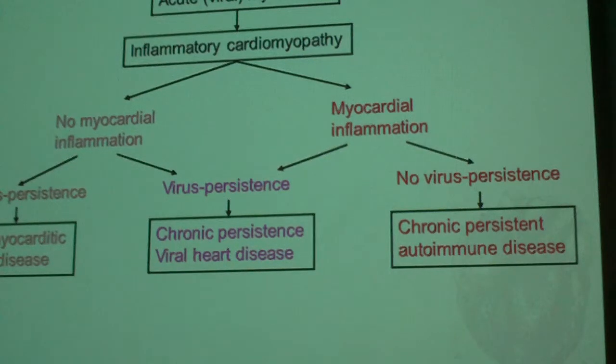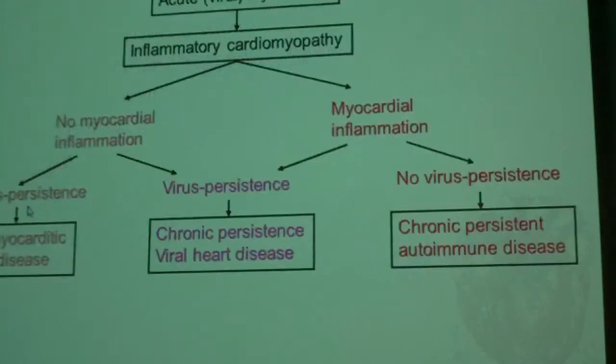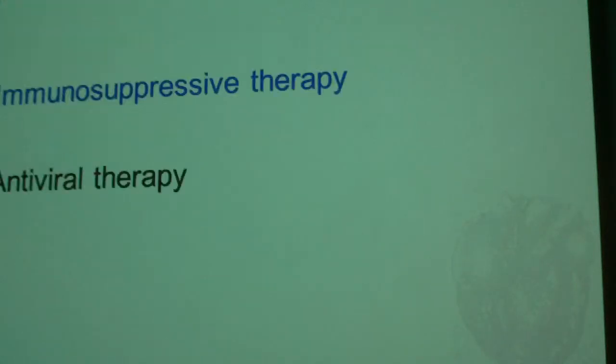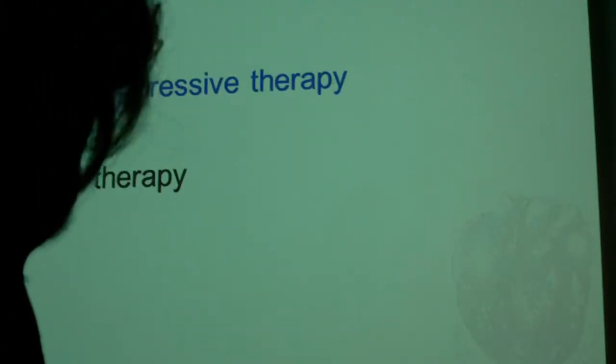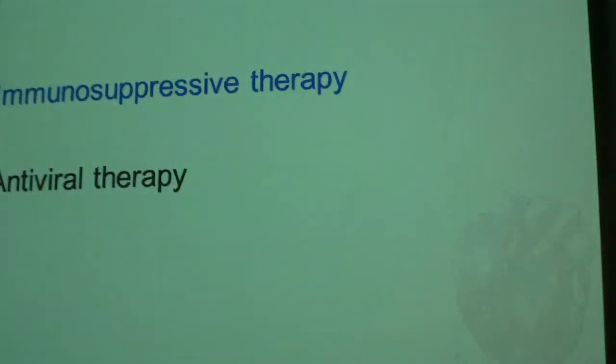So there is the post-viral heart disease without any traces of active inflammation, the viral persistence, where there's viral heart disease, or the autoimmune heart disease. And we need to differentiate those because we need to see which way we need to go regarding therapy. We have specific immunosuppressive therapy and specific antiviral therapy, and that's why we need to look at which group we need to treat.